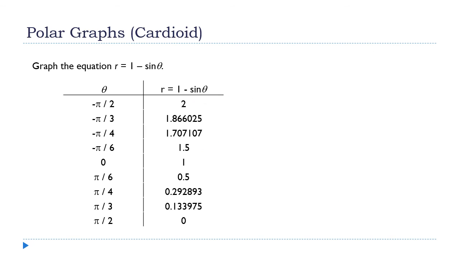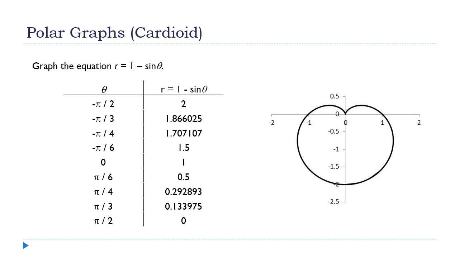I've got a much better version of it here. There you go. Much cleaner. That's what this graph looks like. And now maybe you understand the name. A lot of these polar graphs have very interesting, very creative, sometimes very colorful names. This one is called a cardioid, playing off the word cardiac. It's got kind of that classical heart shape.